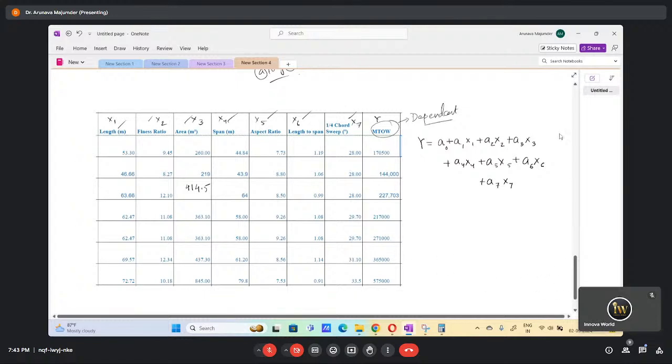Got it? This should be our model for the linear case.